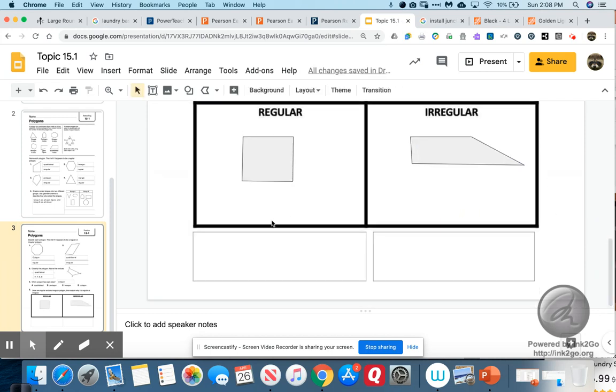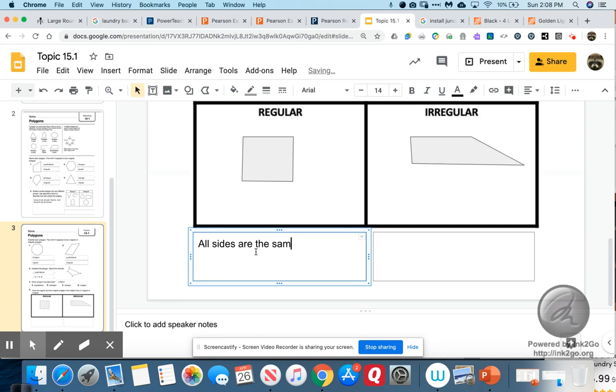Then it says this is regular because all sides are the same length and all angles are equal.